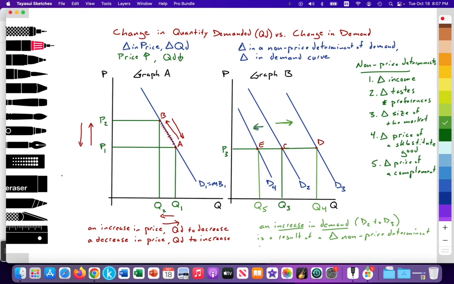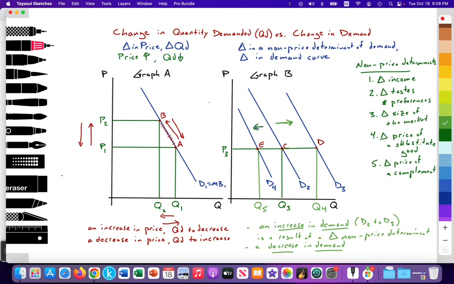So if I were to say there's a decrease in demand, an economist would know that that's a result of a change in a non-price determinant, not a change in price. Because if there was a change in price, that would lead to a change in the quantity demanded along a stable demand curve. Just make sure that you have that clear in your analysis.